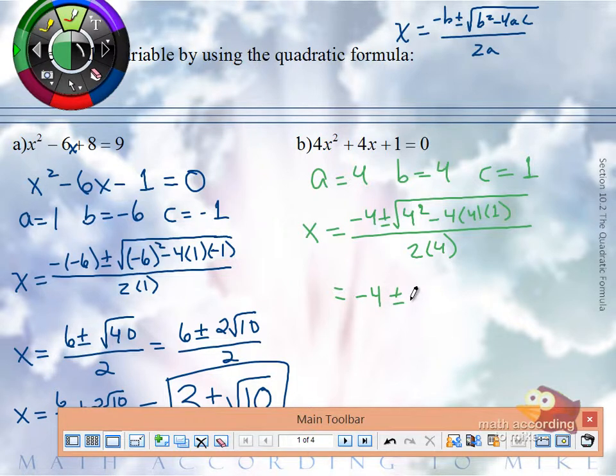The radicand, yep, 16 minus 16 is 0. What's the square root of 0? What's plus or minus 0? What's negative 4 plus or minus 0? Negative 4 over 8 is negative 1 half.